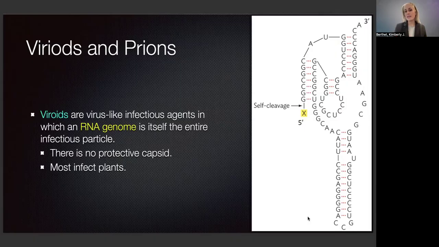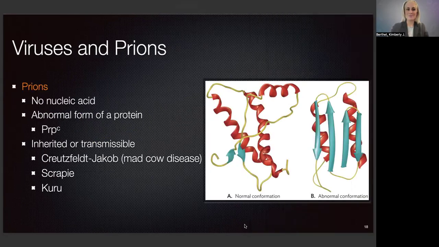Typically, we think of RNA as mRNA, tRNA, and so on. But here we can see that viroids can actually be pathogenic RNA molecules. They don't have a coat around them or anything. There's no protective capsid. And most of the time, viroids are affecting plants. So it's genetic material, again, altering the genetic material of other organisms.